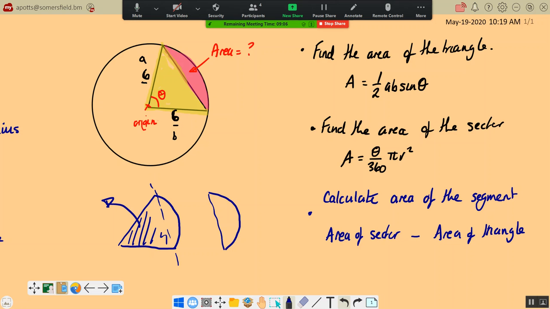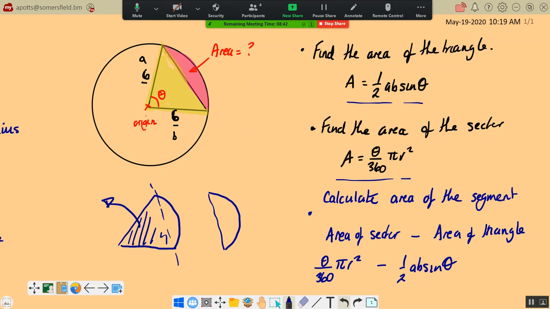So if I do these two things, that would be theta divided by 360 multiplied by pi r squared, subtract a half AB sine theta. And you don't have to remember that, you have to remember the process. You've got these two formulas that you've been working with.